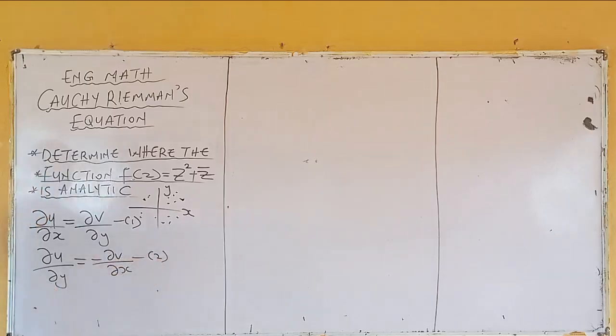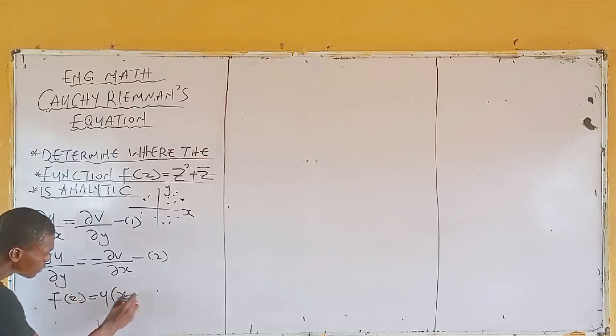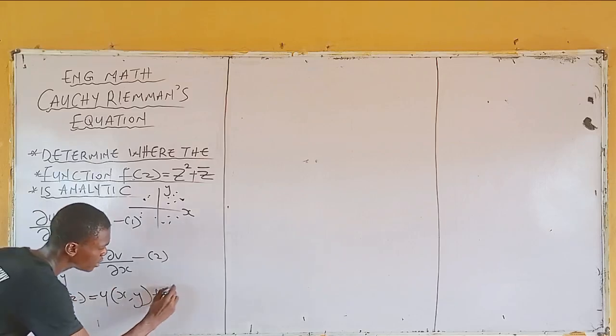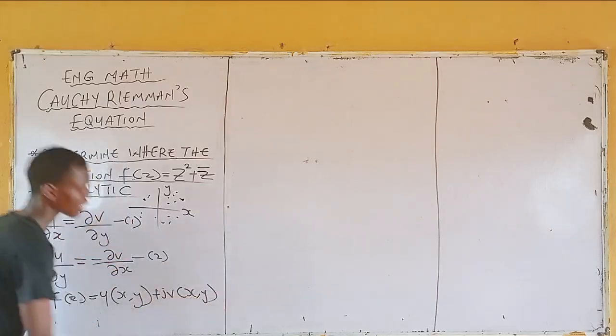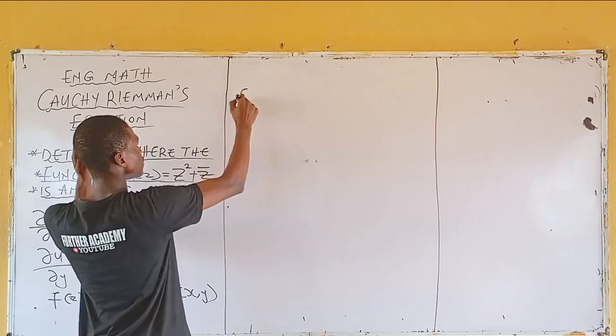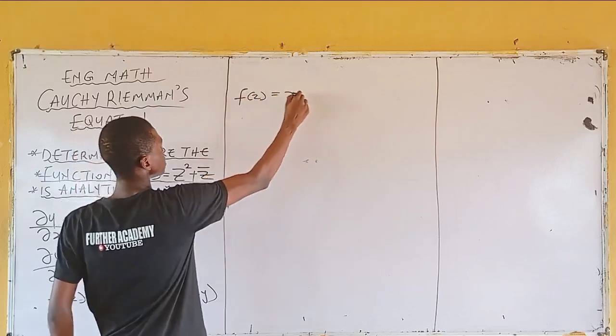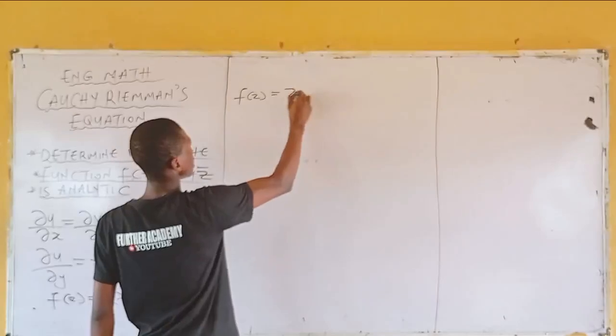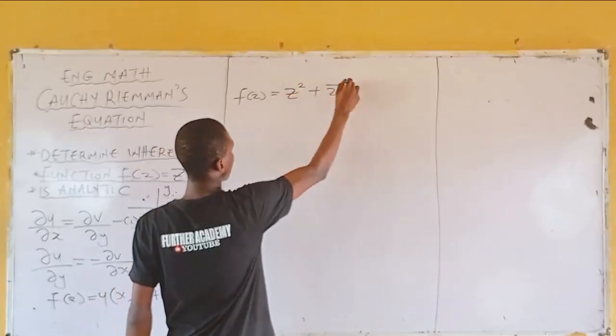You get these partial derivatives if f of z is expressed in terms of u and v, where u is a function of x and y and v is a function of x and y. Look at the question given: f of z equals z squared plus z bar.